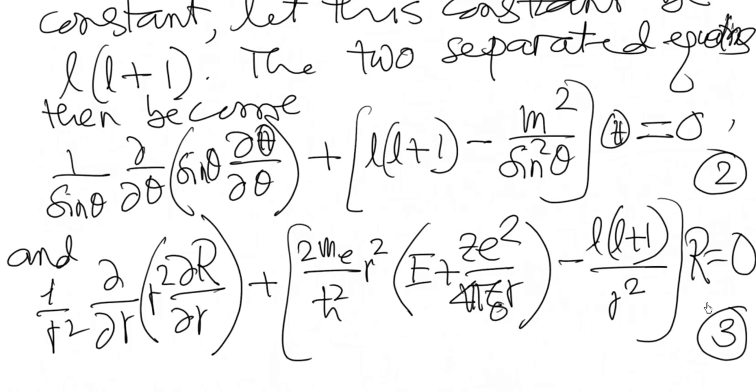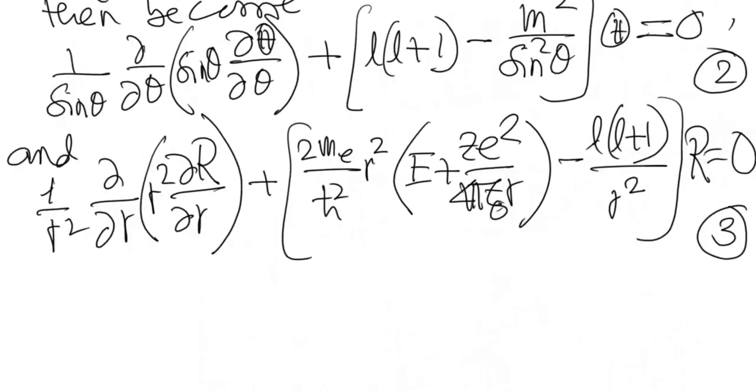Thus we have 3 ordinary differential equations. Equation 1 for the variable phi, equation 2 which is the equation for theta, and equation 3 which is the equation for r.